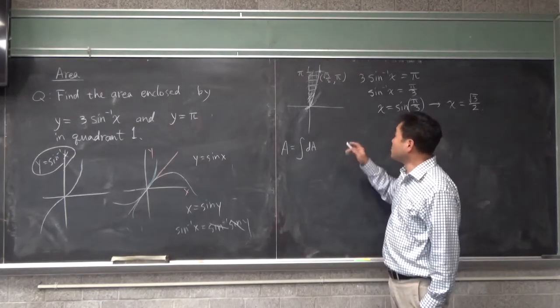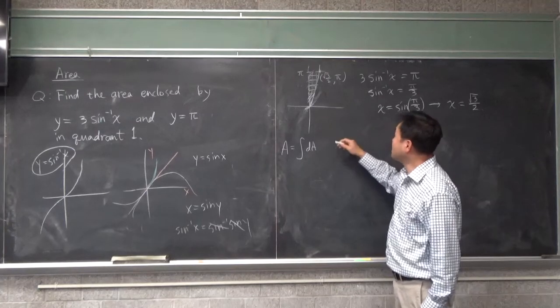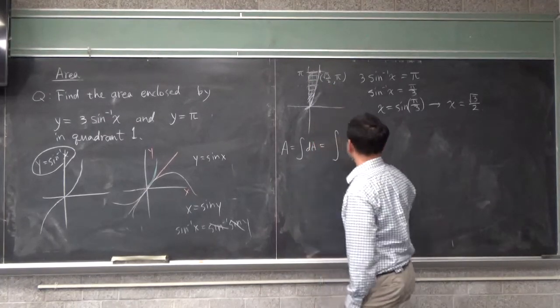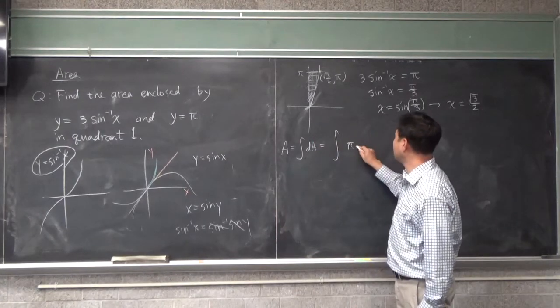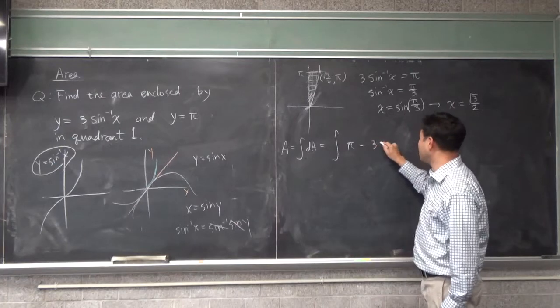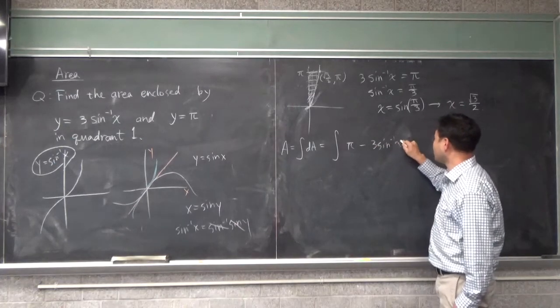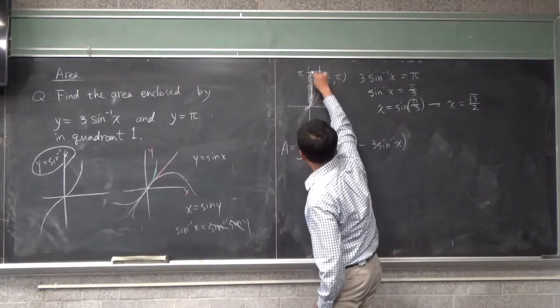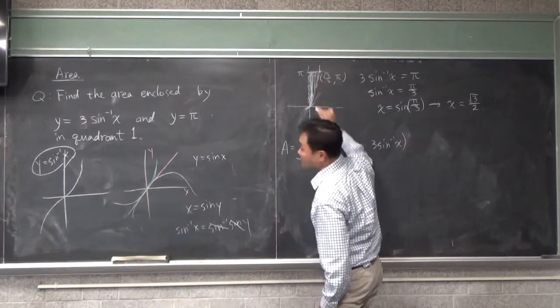First, if I do top minus bottom, the top graph is y equals pi, and the bottom graph is y equals 3 sine inverse of x. So we're doing top minus bottom, which means I'm calculating these vertical lines.